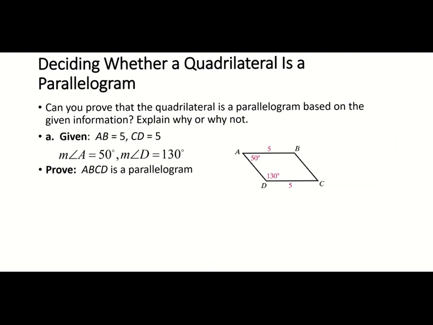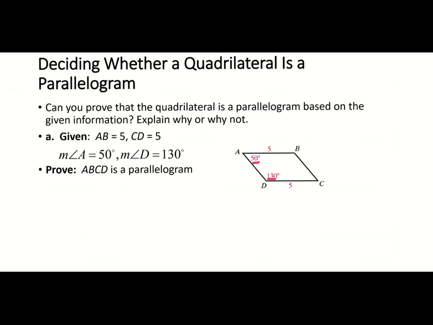Okay, so now they want us to prove, and we're not going to do a formal proof here, but we are going to show that this quadrilateral is a parallelogram based on the given information. So we have a pair of consecutive angles, and 150 plus 130 does equal 180.